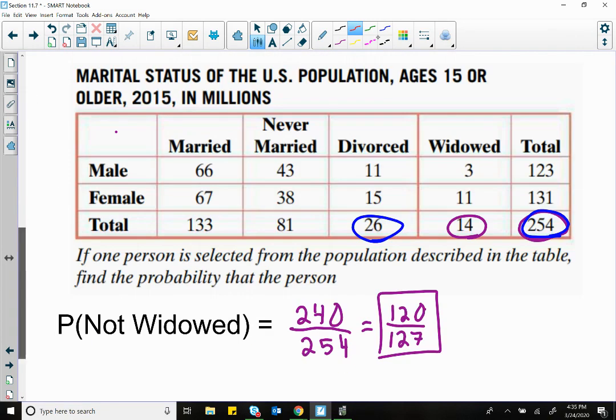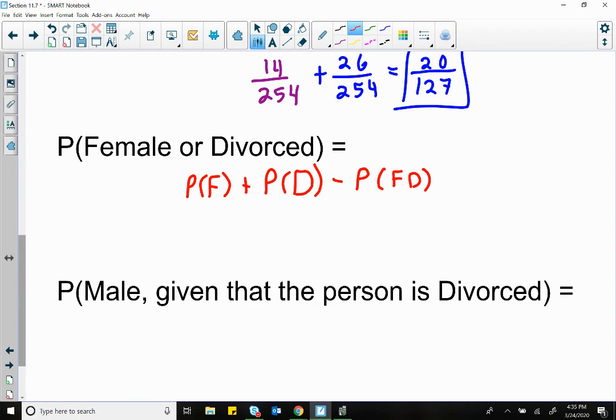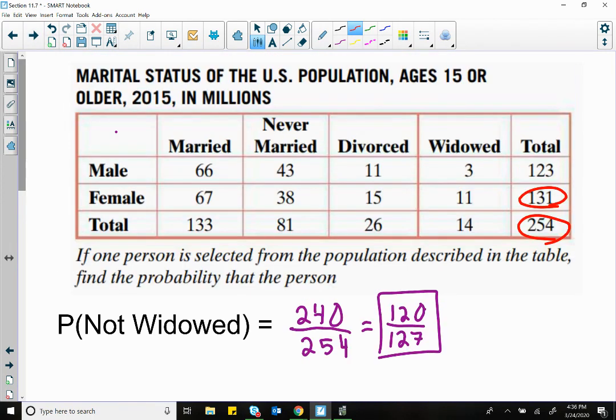So when we come up here, let's do this real quick. How many females do I have? Well, I have 131. Out of how many total? 254. So 131 out of 254. Plus, well, how many people are divorced?